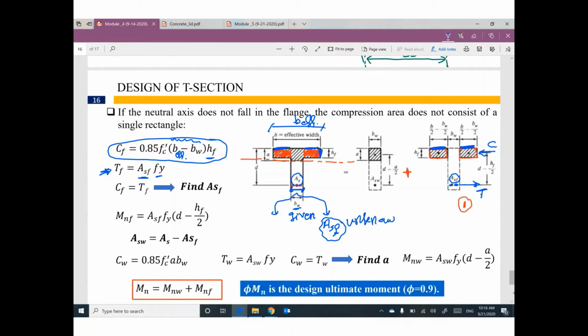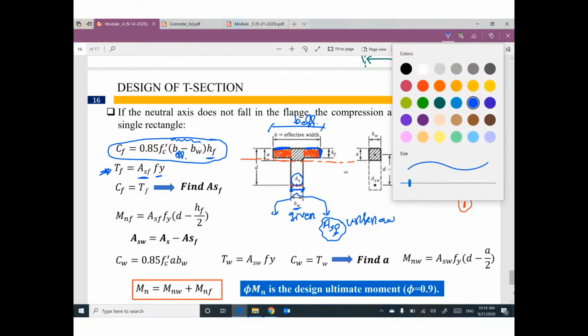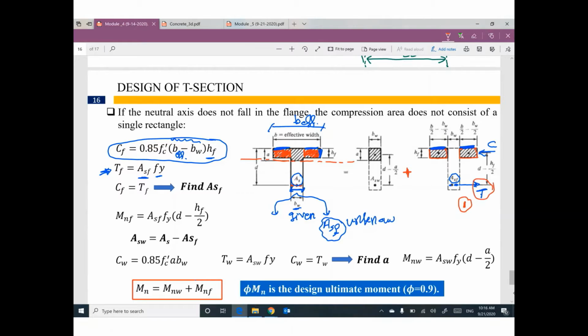For equilibrium, T and C must be equal. So C equal T. If you equate this equation with this one, the only unknown will be the little bit of the area steel flange.